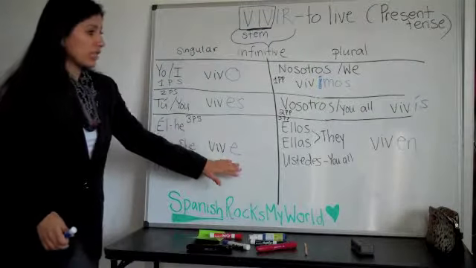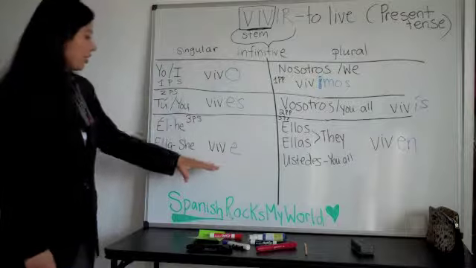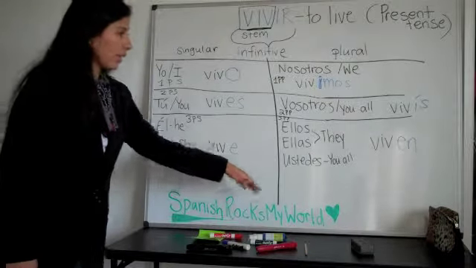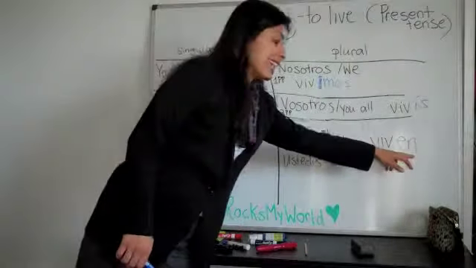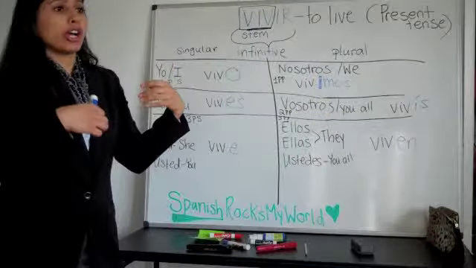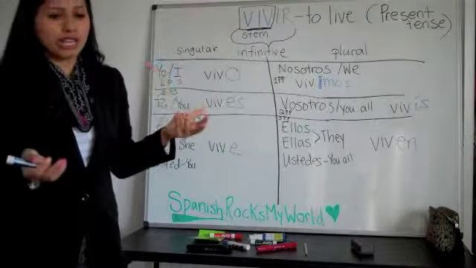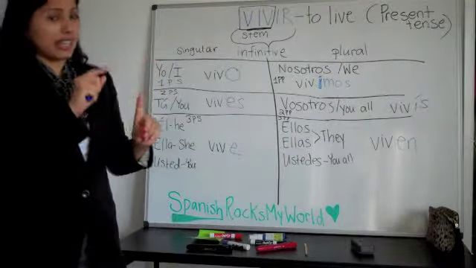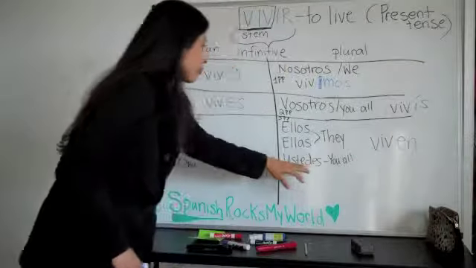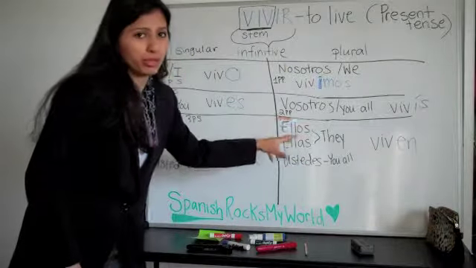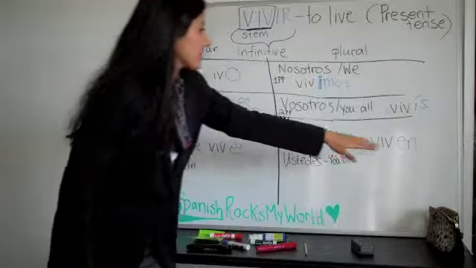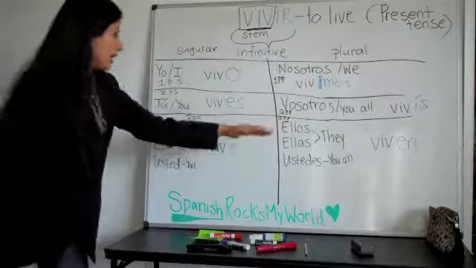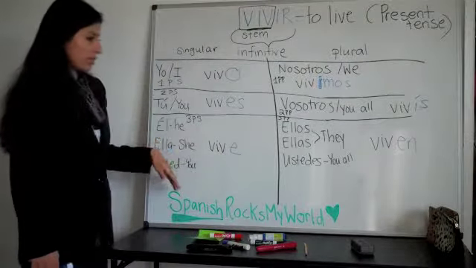Usually the difference between this one and that one, the third person singular and the third person plural, is this N. Usually, whether you're talking about future or whatever tense it is, usually it's just the adding of the N that reflects the plurality of the third person plural. Okay? So, viven, they, vive, he, she, or usted.